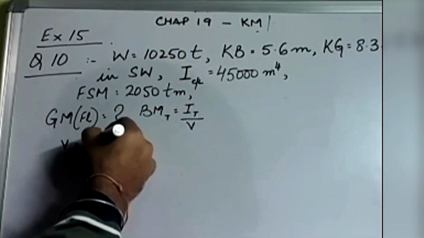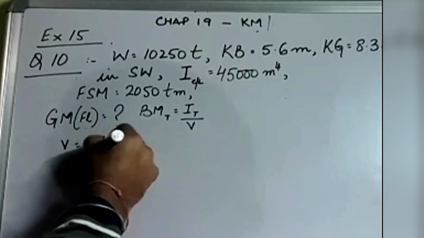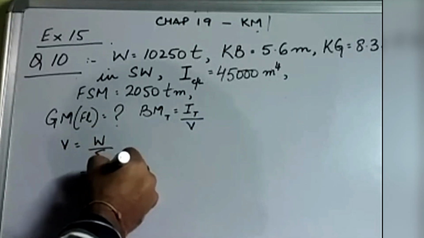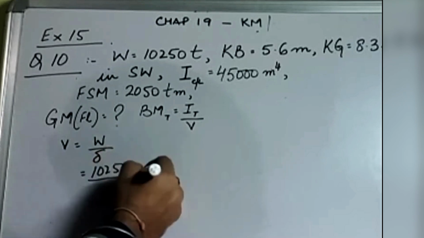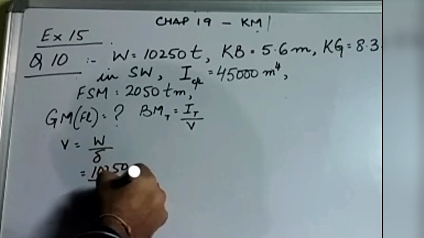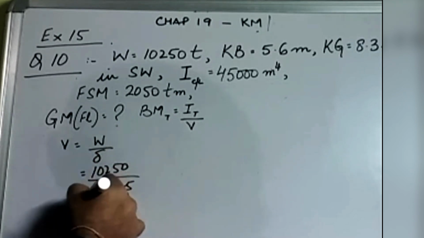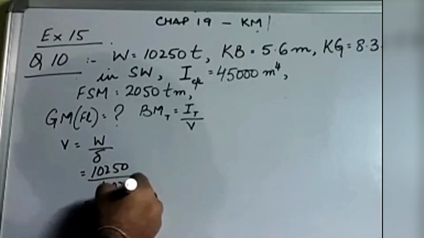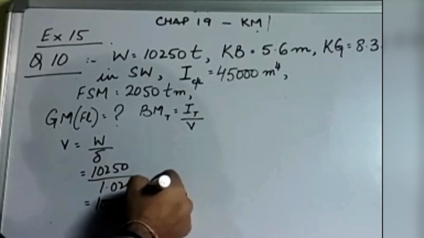V will be equal to W by density. 10250 divided by 1.025. How much is the V? 10,000. 10,000 cubes.